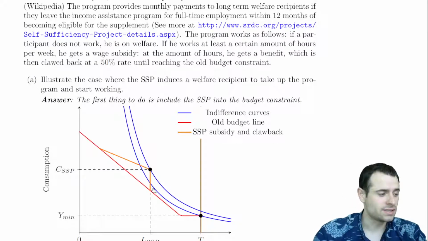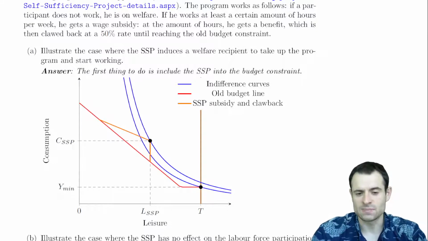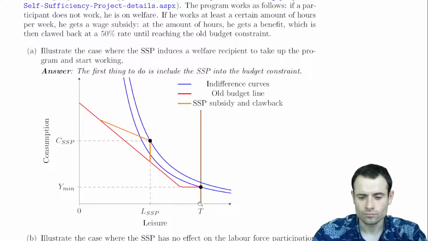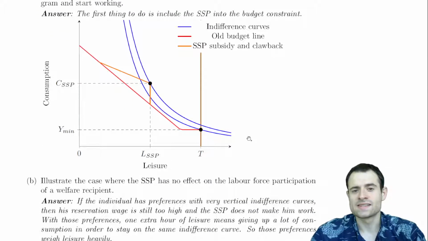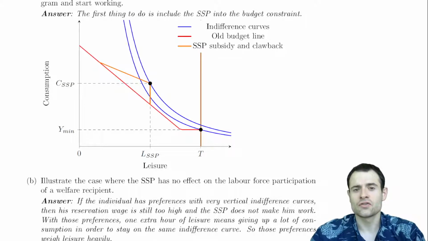Now, it is still possible that some individuals will still not want to work, even knowing about the prospects of the SSP benefits. If the individual has high preferences for leisure, which are illustrated by very vertical indifference curves, then his reservation wage will be too high and the self-sufficiency program will not be enough to induce the individual to work.